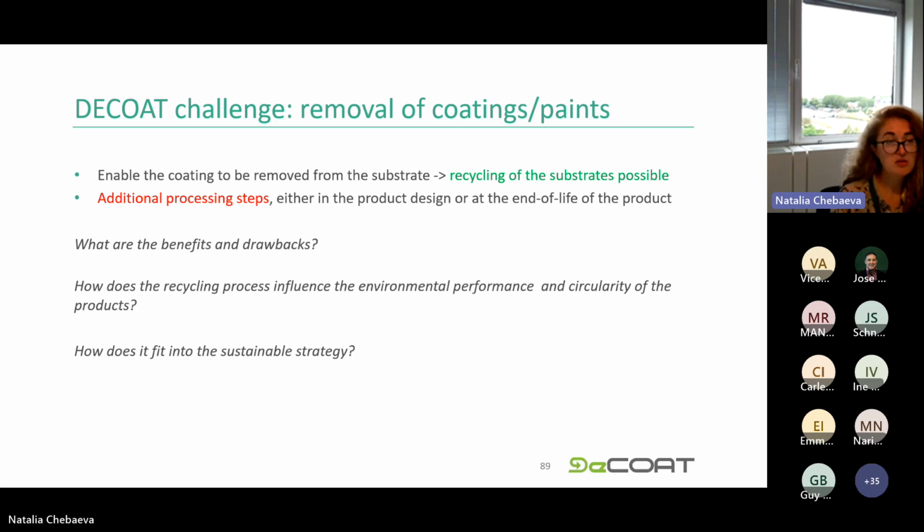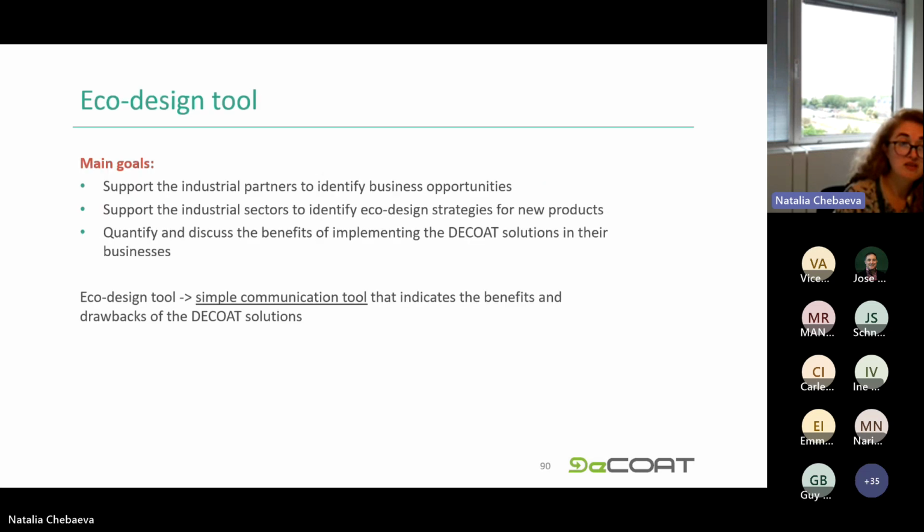It depends on the industry, on the circumstances, on the part, and on a lot of different things. So to help industries to navigate through the application of the DECOAT solutions, we came up with an idea of developing an eco-design tool. The idea is to help industrial partners and predominantly manufacturers to identify the eco-design strategies that they can apply in their products based on the DECOAT solution.